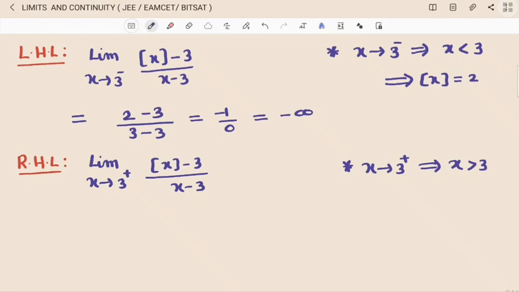So it lies between 3 and 4. So for x value in between 3 and 4, if we substitute, the value of step x becomes 3. If you take even 3.99, it will be 3 only. So in place of step x, 3 minus 3 divided by 3 minus 3.